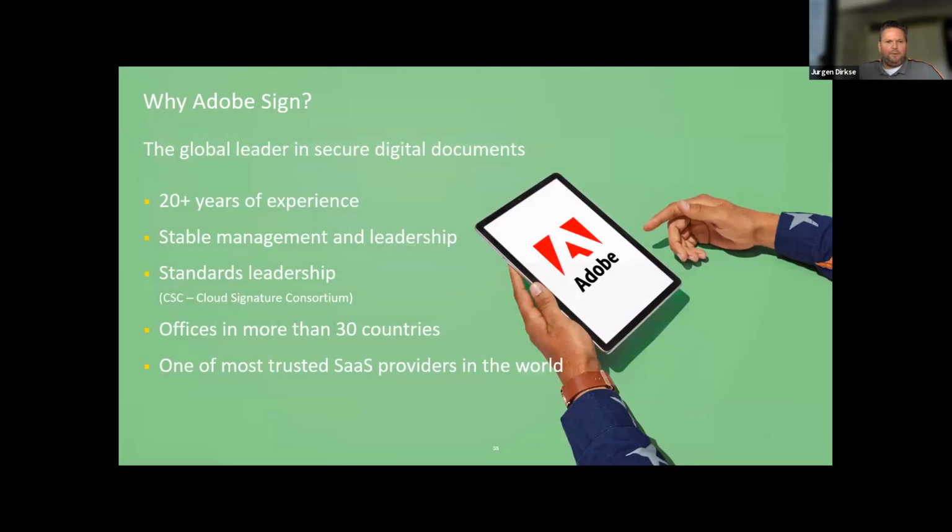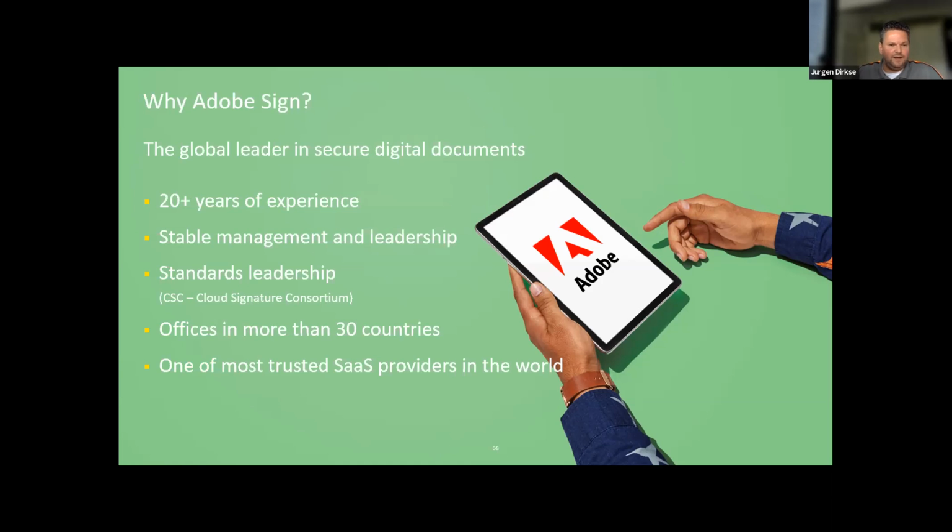So just to recap, why Adobe Sign? Adobe Sign has more experience over the last 20 years in PDF workflow and in changing the world to a digital experience from a document perspective. It has stable management and leadership. That means there's a lot of information available, and we will continue to do that.